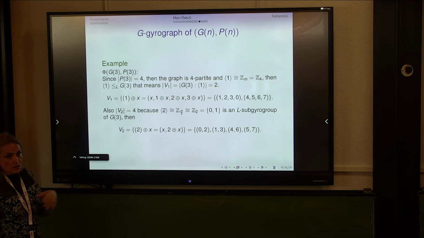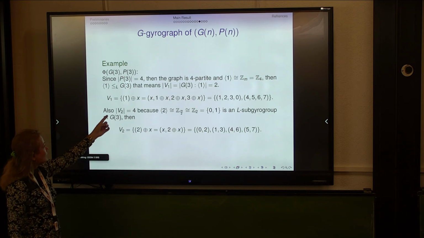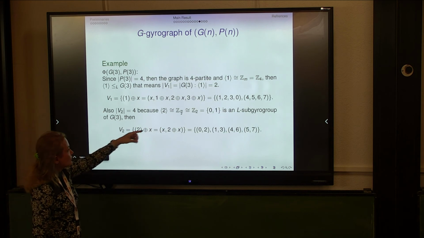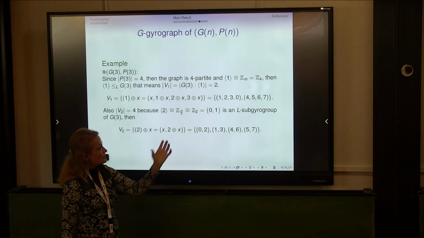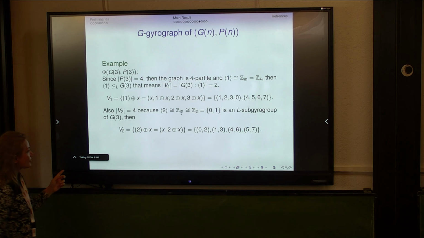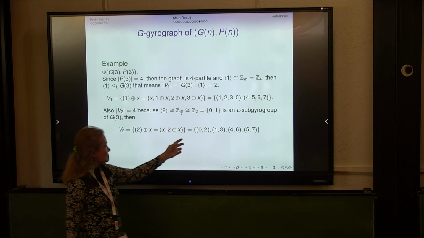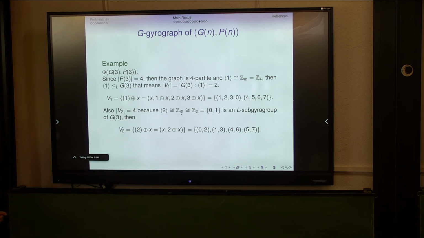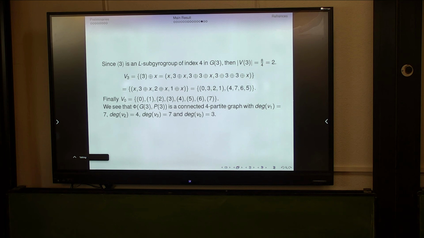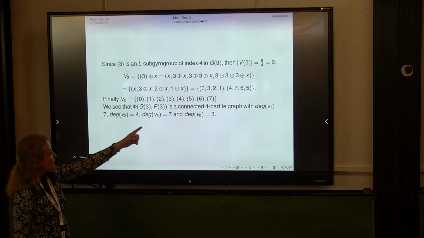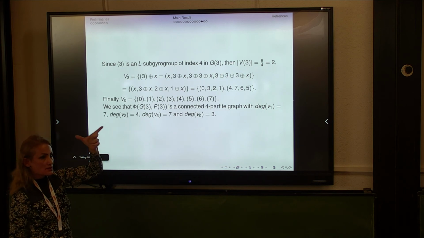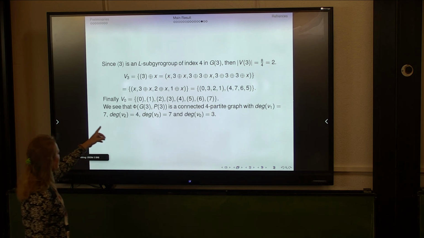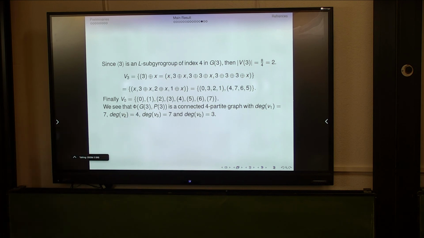By the definition of the gyrograph that I told you, the vertices of V1 would be 2 vertices of cycles of length 4. For V2, we have these 4 pairs. V3 also has 2 vertices of cycles of length 4. And this is V0. We can see that this structure is 4-partite and connected, but not regular.